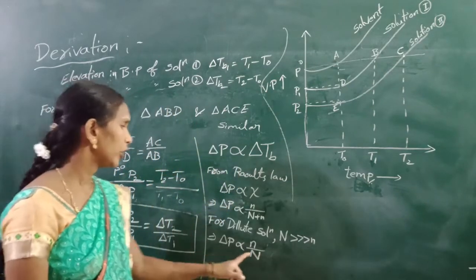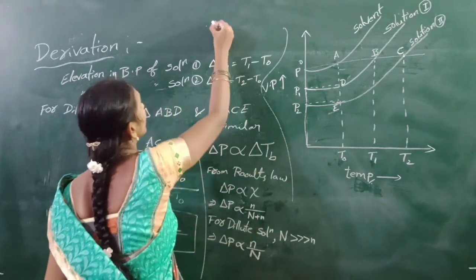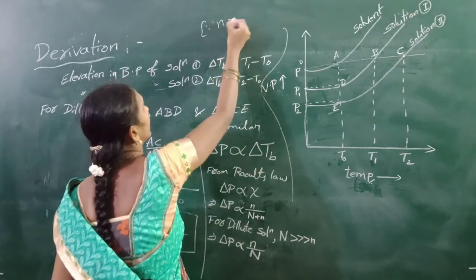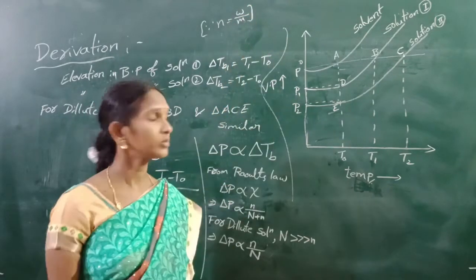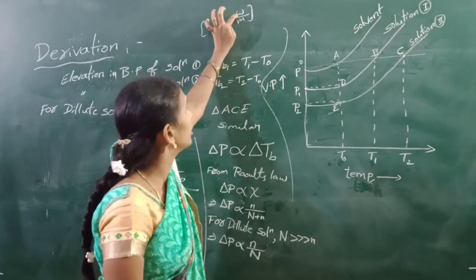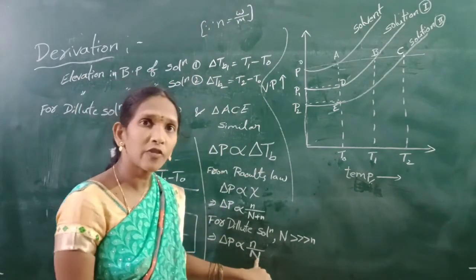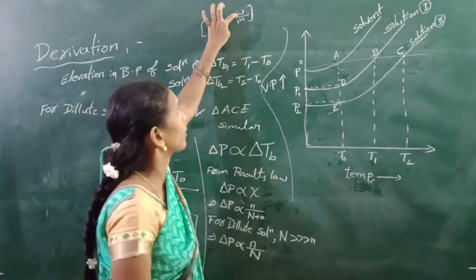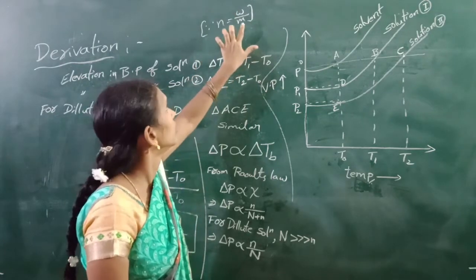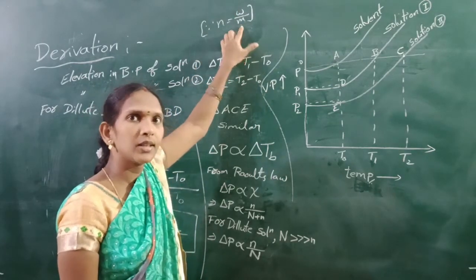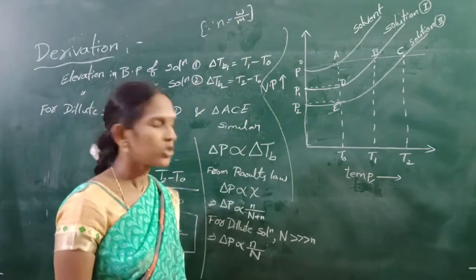We know the concentration of solute, small n, is equal to small w by small m, and the concentration of solvent, capital N, is equal to capital W by capital M. W means weight, M means molecular weight: weight of the solute, molecular weight of the solute.